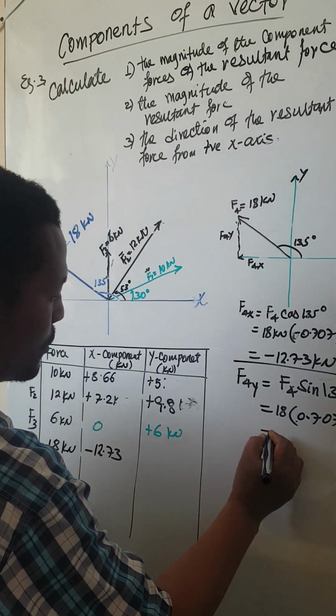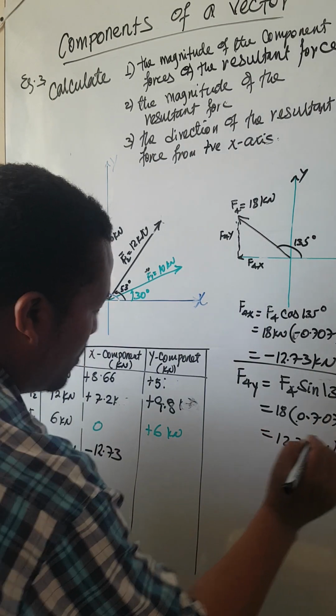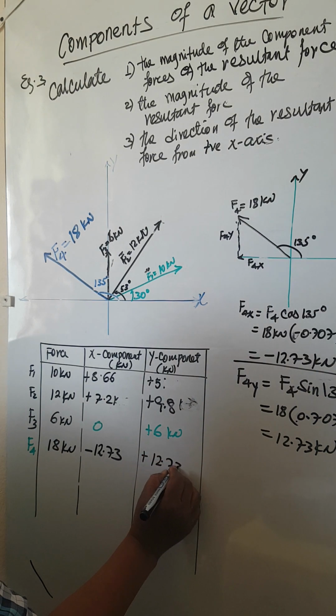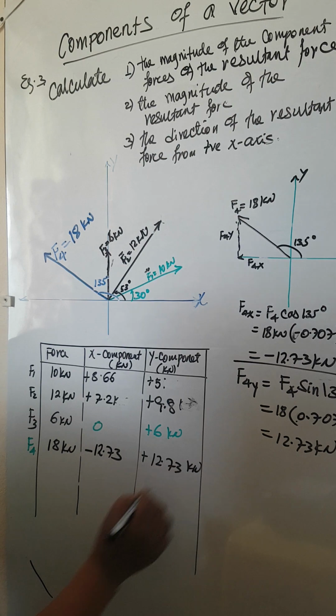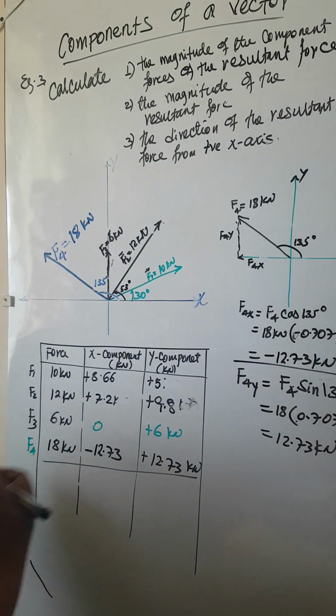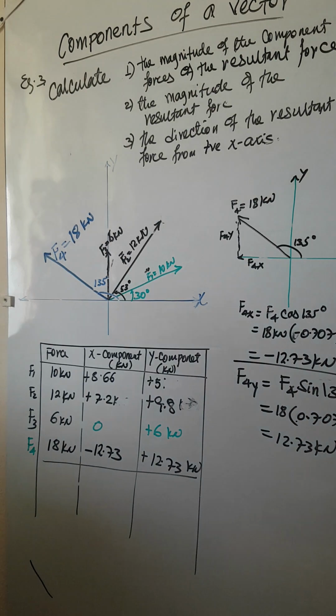This is equivalent to positive 12.73 kilonewton. Now we have finished the components for each vector. Then the next step is adding up each component to find the resultant.